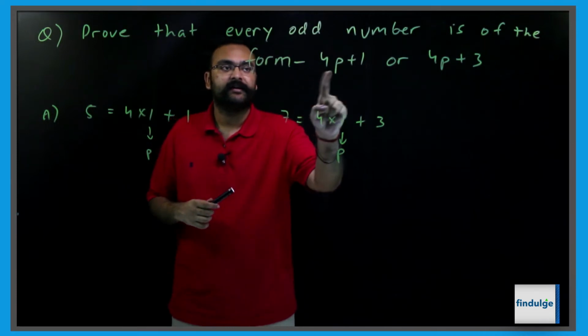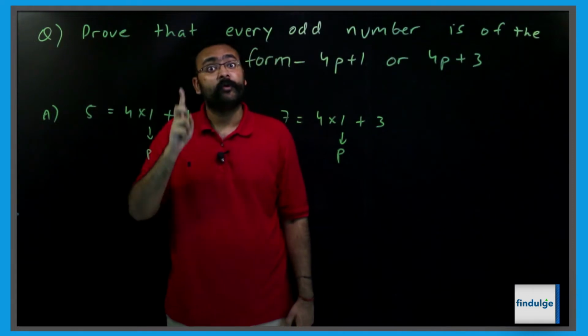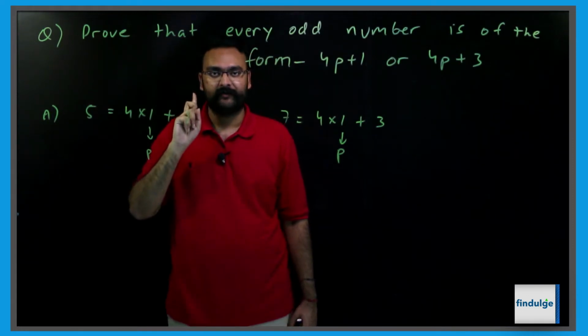The key is the 4. Since we're talking about 4, this is our b in our Euclid's division lemma.